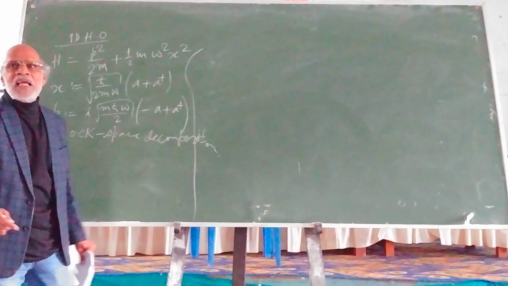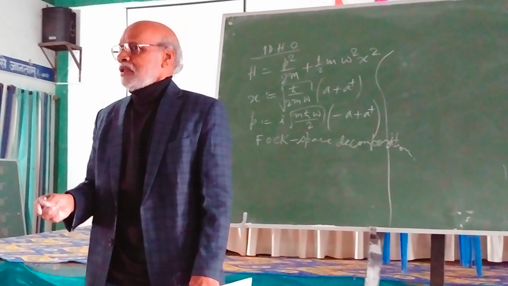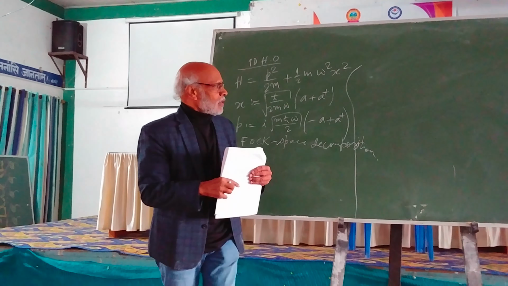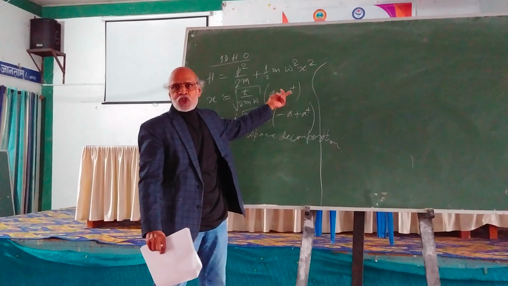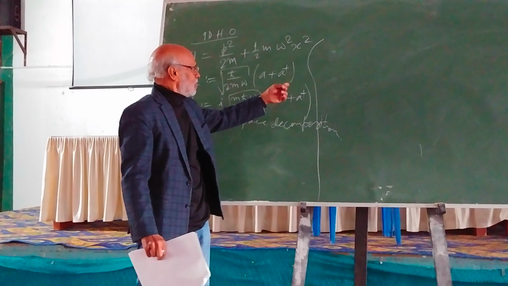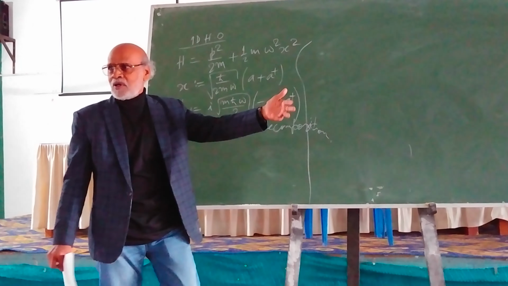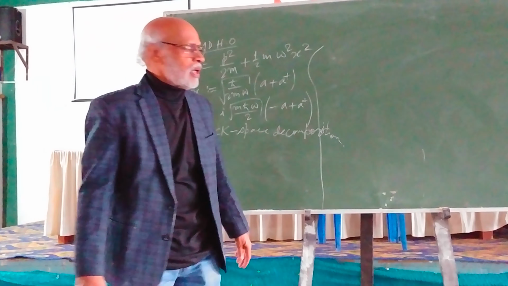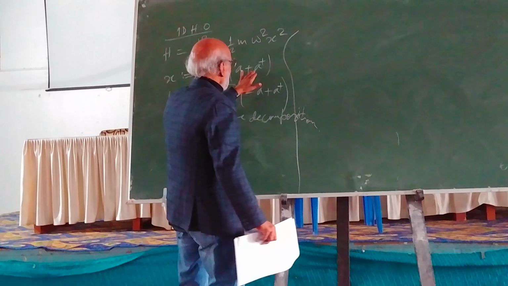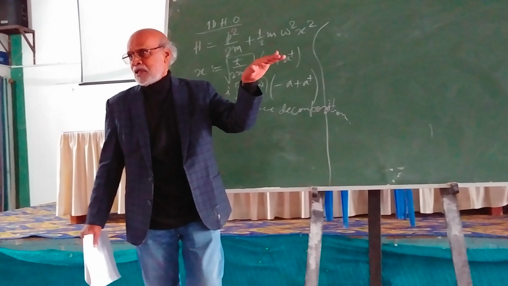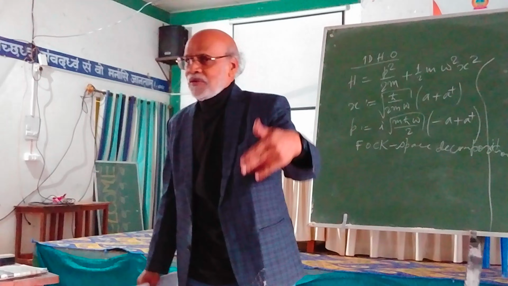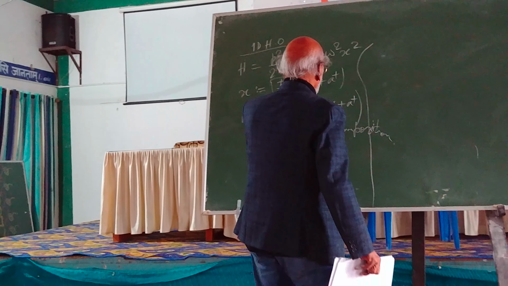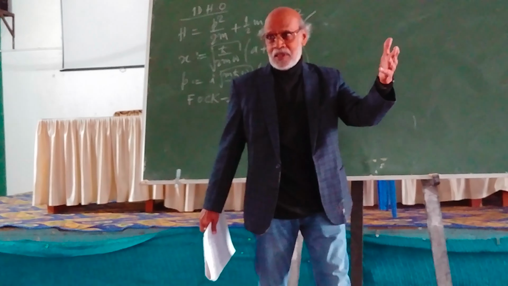A is the annihilation operator. There are a couple of names, the annihilation operator or destruction operator or some more. I will tell you as it comes to my mind. And this is the creation operator.